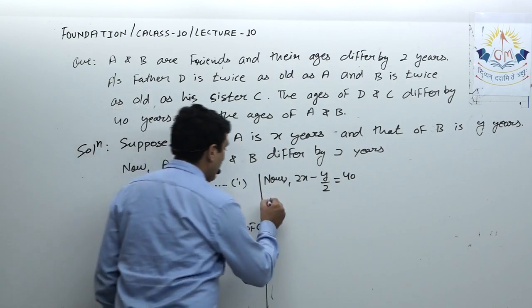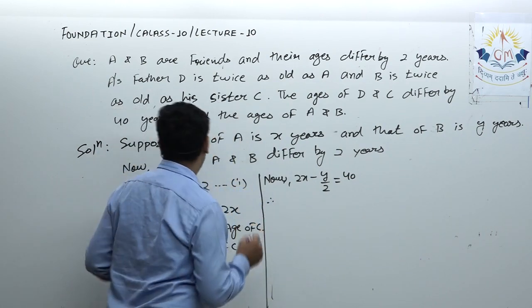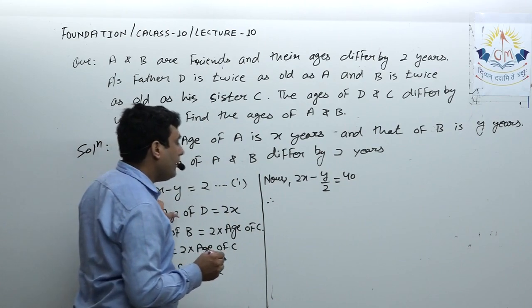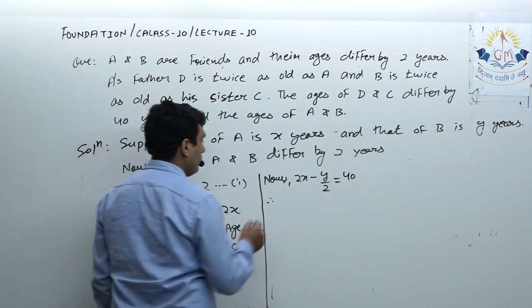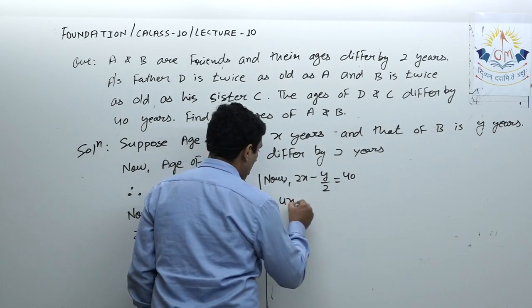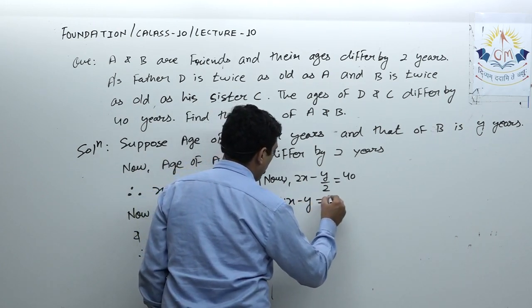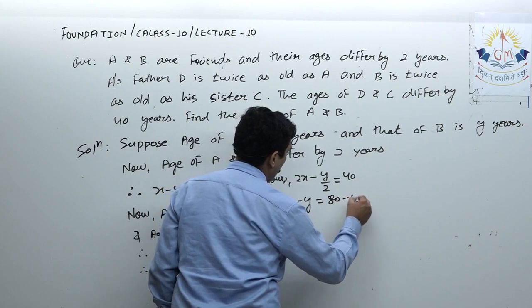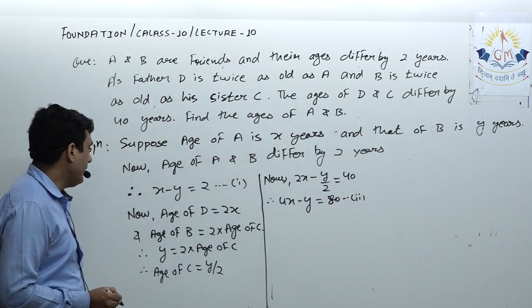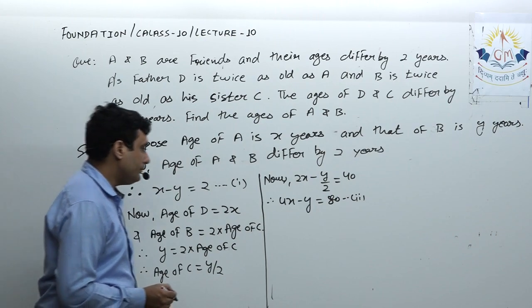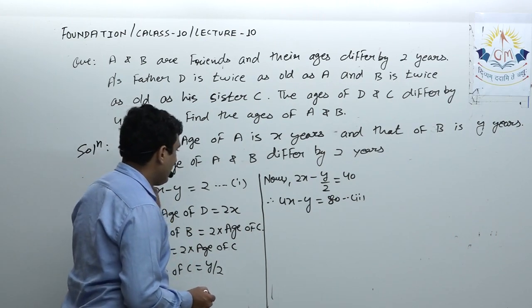Okay, as I am assuming x is greater than y, obviously 2x will be greater than half of y. So 4x minus y is equal to 80. That is my second equation. Now solving these two, we will get the values of x and y.